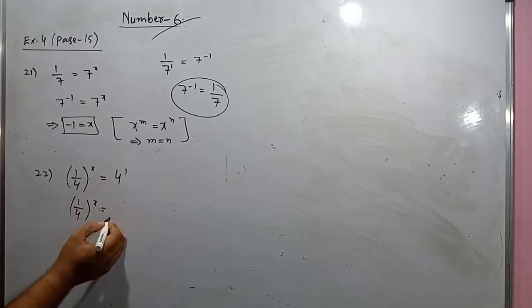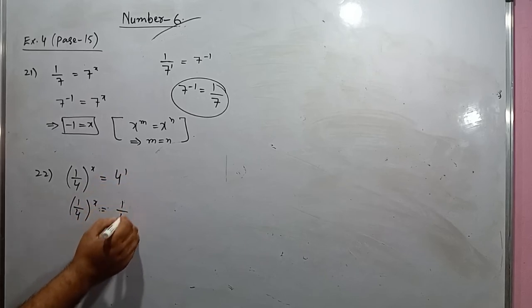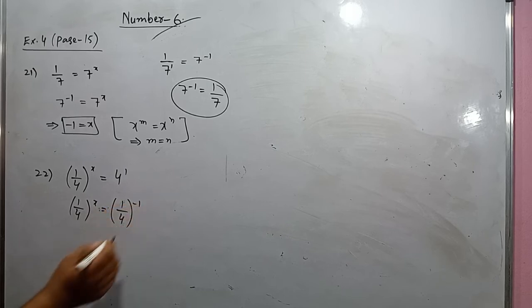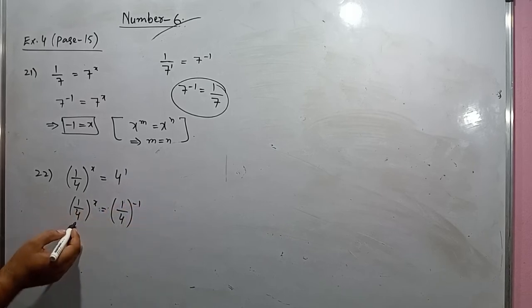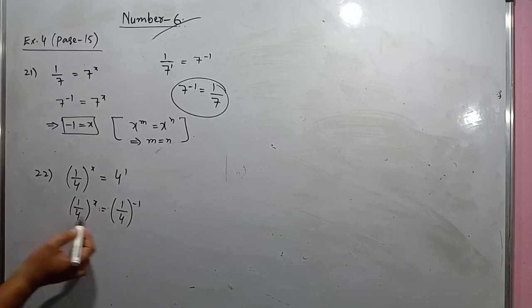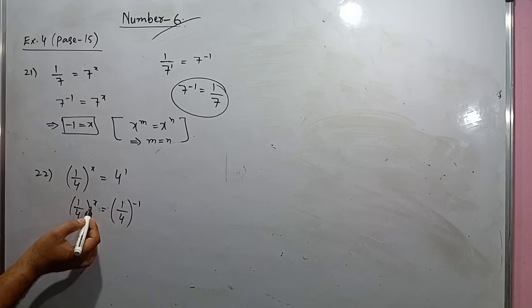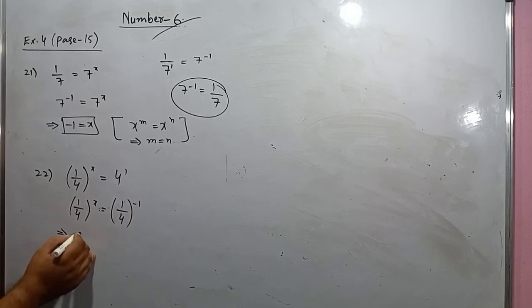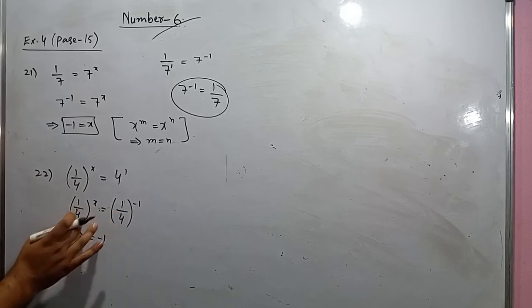We know its power is 1, so I will write 1 by 4, but its power will become minus 1. There is a need to make it 1 by 4 because here the base is 1 by 4. And here I would like to make the base 1 by 4 because the bases will be the same, so that I can write x equal to minus 1. This implies x equal to minus 1. This is the need of the question.